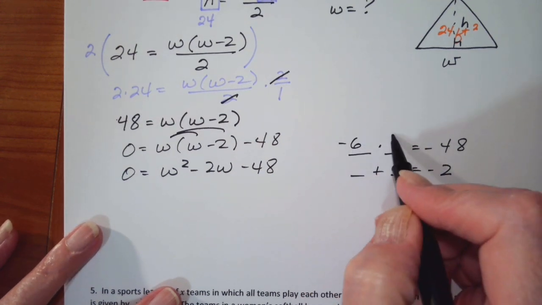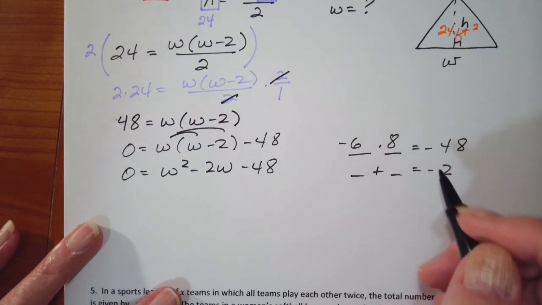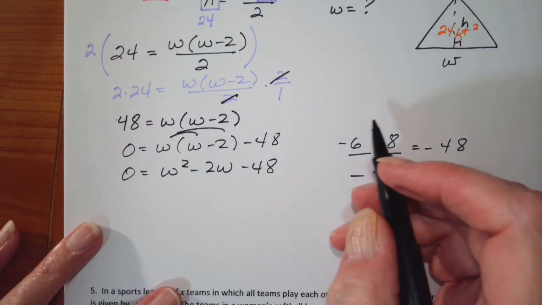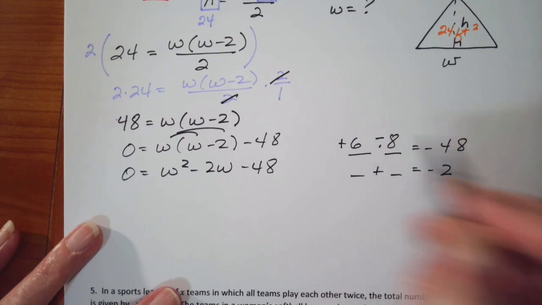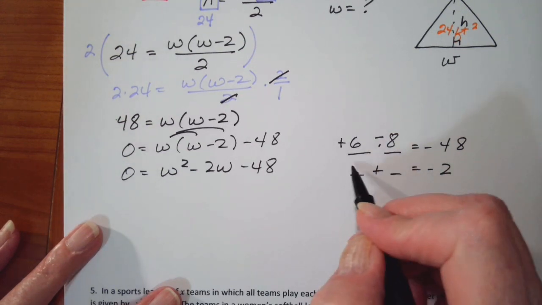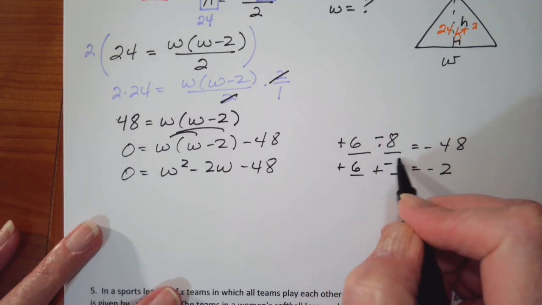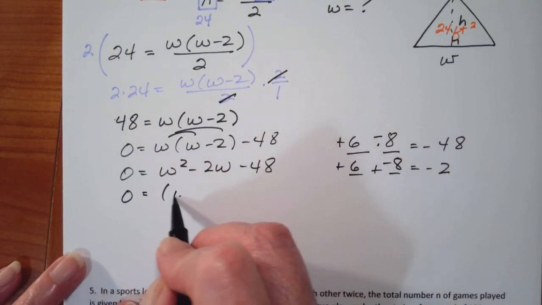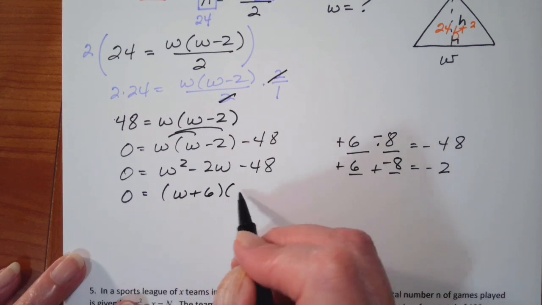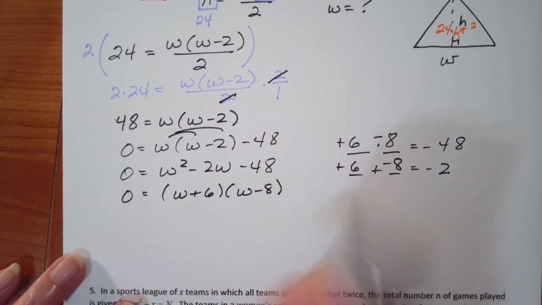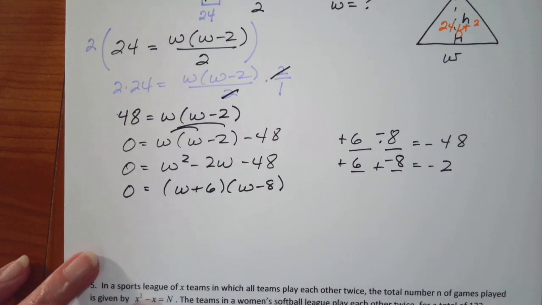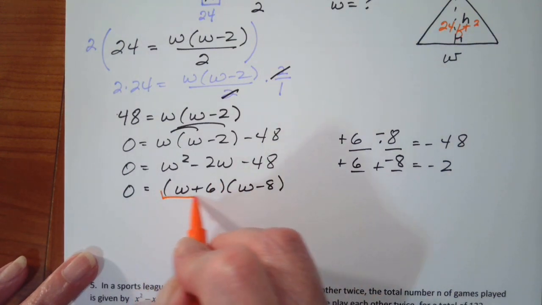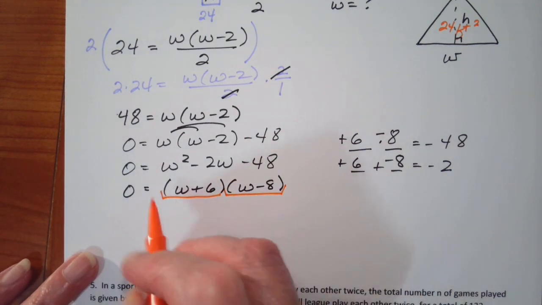And they are positive 6 and negative 8, because the sum is negative. So positive 6 and negative 8. So I know this factors into W plus 6 times W minus 8. This factor times this factor equals 0.